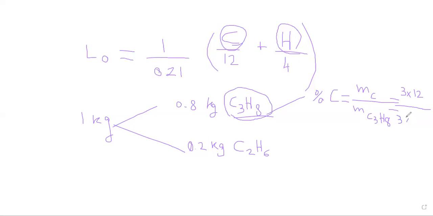So in this way, I can find the percentage of mass of C in C3H8. So 3 times 12 over 3 times 12 plus 8. This percentage of mass represents what? It gives me the number of kilogram of C in 1 kilogram of C3H8.